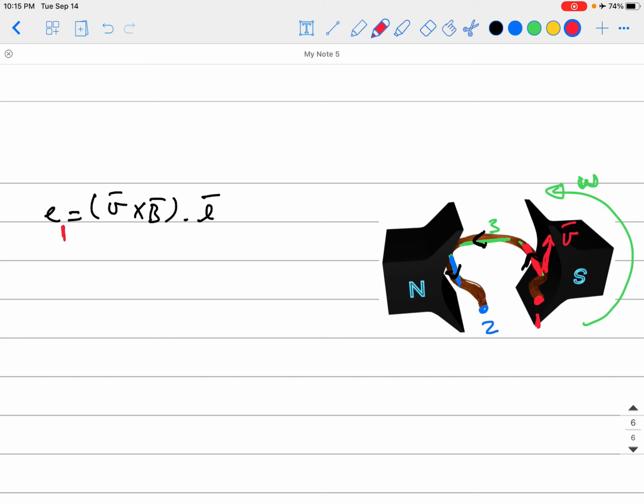Okay, guys? And where is the magnetic flux density? You have here the North Pole and here the South Pole. That means your flux density comes like this. So the flux density direction will be constant all the time, from left to right.